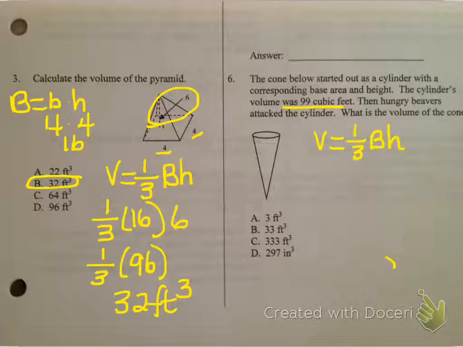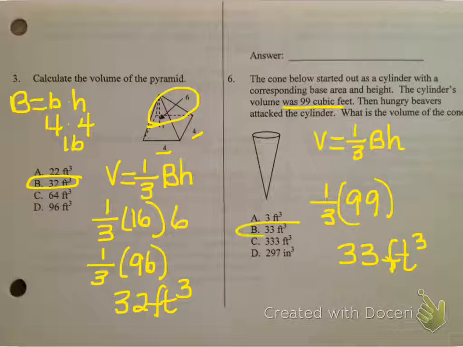If you remember correctly, when we discussed the cone and we did the rice experiment, a cone is 1/3 of the volume of a cylinder. So basically you could just say that 1/3 of the cylinder's volume that you just read about is 33. So this cone, when it was eaten by beavers, is now 33 feet cubed.